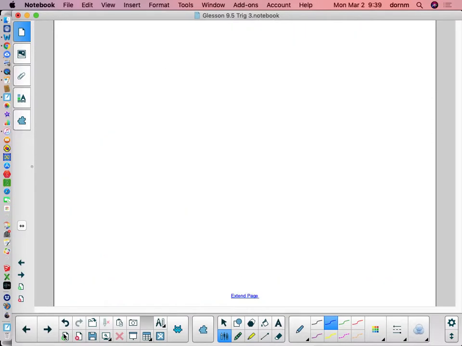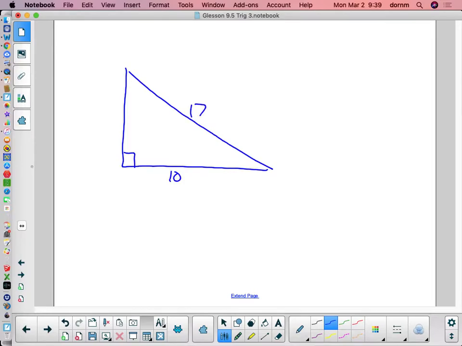We said, okay, I've got some right triangle here, and this side is 10, and this side is 17, and this is angle A up here, and this is angle B, this is angle C. And if I want to know about angle A, what is the sine of angle A?